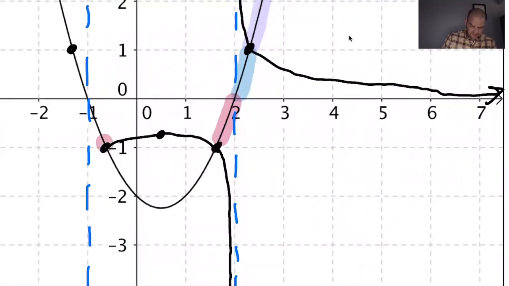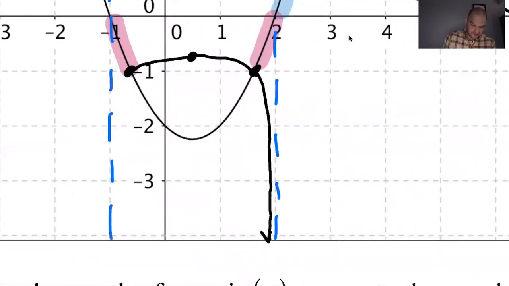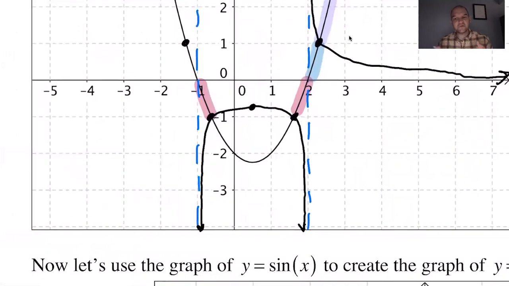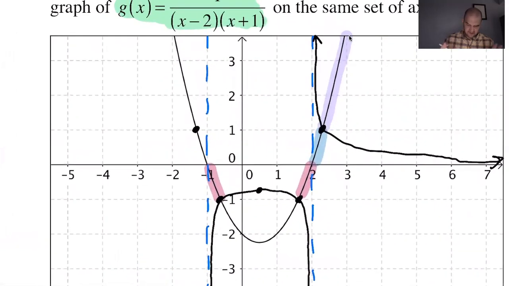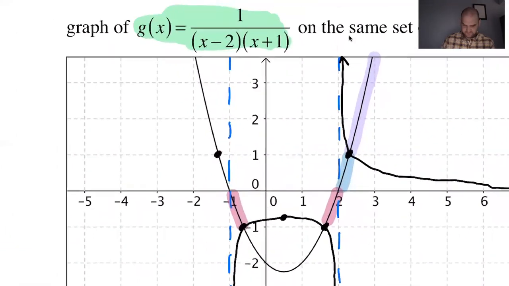As we approach -1 from the right, like start at 0 and move toward -1 from the right, we're again on the original graph approaching 0, but again through the negatives, which means the reciprocals are going to go toward -infinity again. So we do this. This is a big deal. We are going to turn this idea into the graph of cosecant and into the graph of secant. So you have to really understand what's happening here.